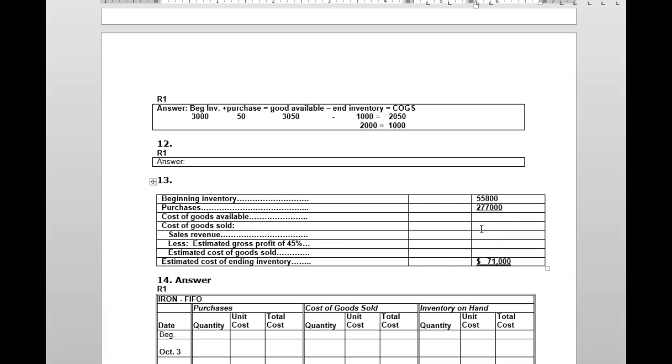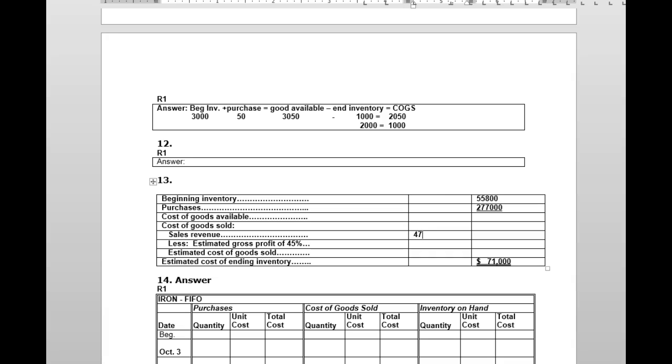And then it's giving you, what does it want you to do? That gives you a cost of goods available. And then you come down here with your sales revenue. And you're going to, again, plug in numbers. And they do give you those numbers.